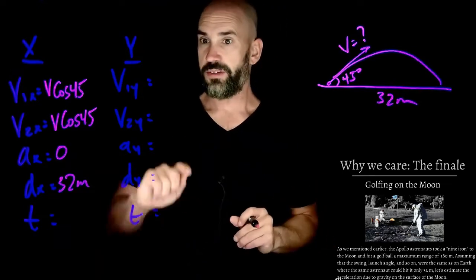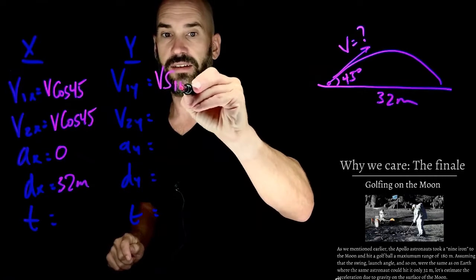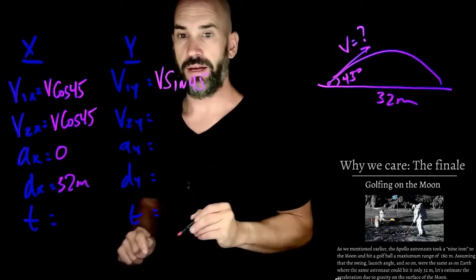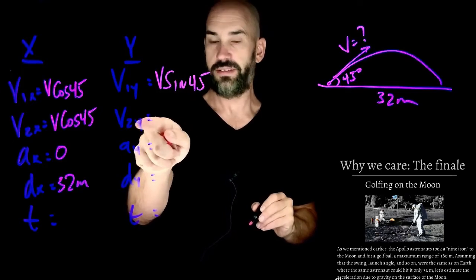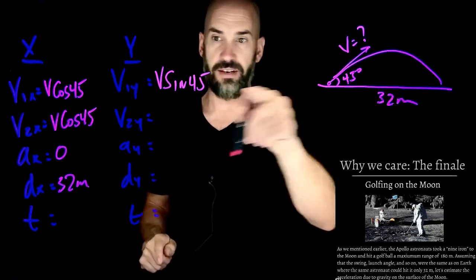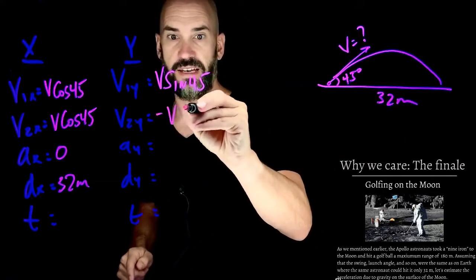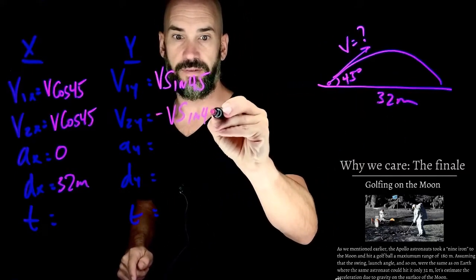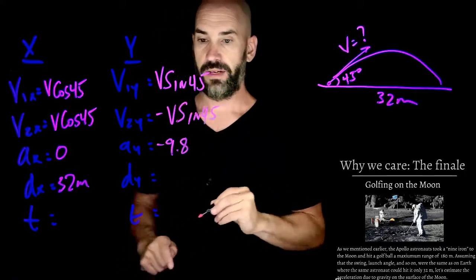Okay, all right, so let's do the same thing here. We know that v1y must be v sine of 45. Okay, and we also know that v2y is going to be the negative version of that because it's launching and landing at the same spot. So this will be negative v sine of 45. Okay, ay is obviously negative 9.8, the acceleration in the y direction, right?